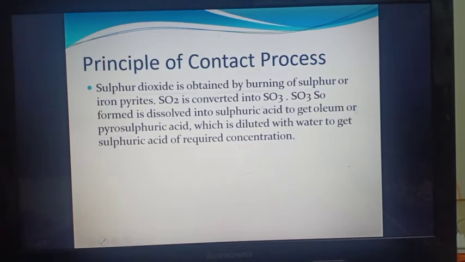Oleum is also called pyrosulfuric acid, which is again diluted with water to get sulfuric acid of required concentration.